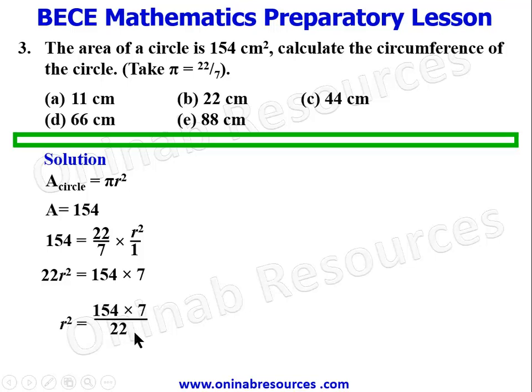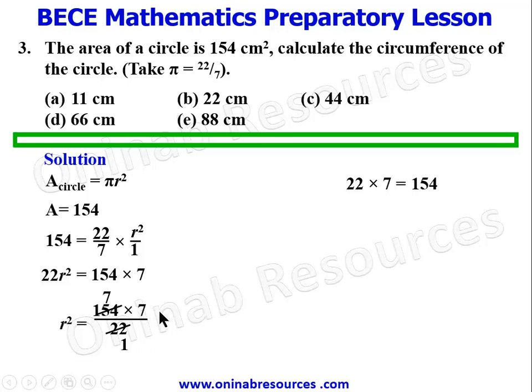So we divide both sides by 22, so that we have r squared equal to 154 times 7 over 22. We know 22 times 7 is 154, since 2 times 7 is 14, 4 carry 1, 7 times 2 is 14 plus 1, 15. So we say 22 goes into 22 gives 1, and 22 goes into 154 gives 7.